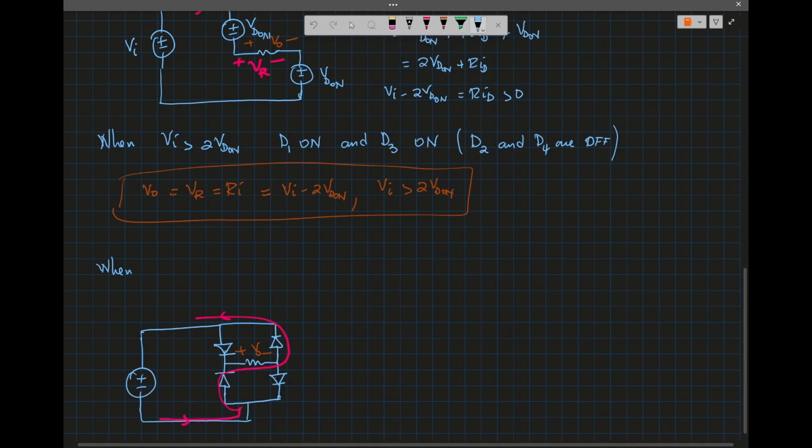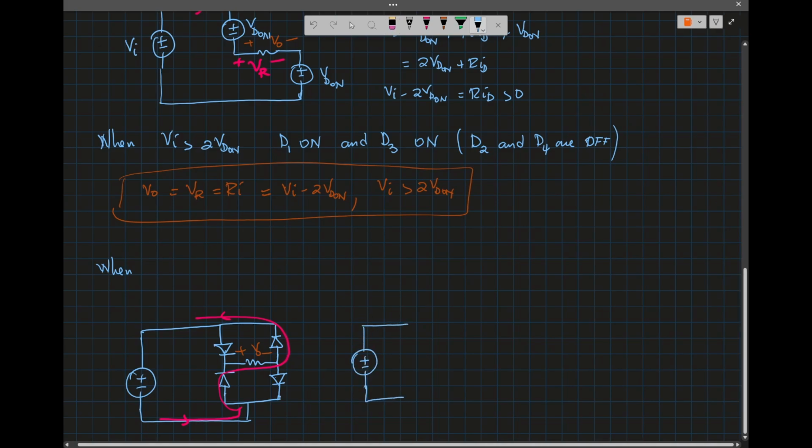So let's write the KVL. So we have V in now plus VD on. Draw this so you guys can see. So here we have this diode, and then we have this diode.